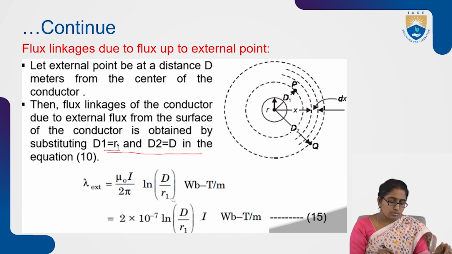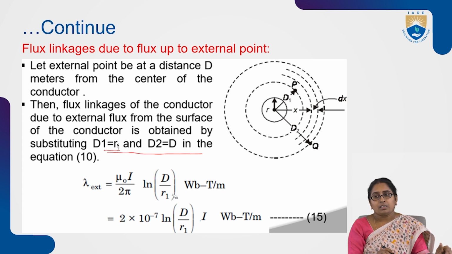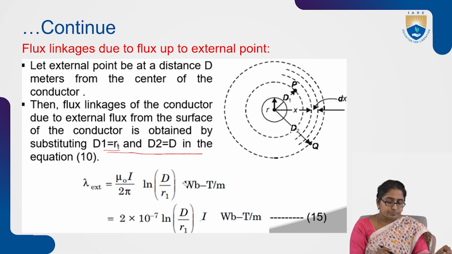Of course, it is shown here as r1, but please know that it is the same as the radius of the first conductor. So this is r or r1. Now, if we substitute mu naught, it is 2 into 10 power minus 7 log of D by r1 into I.